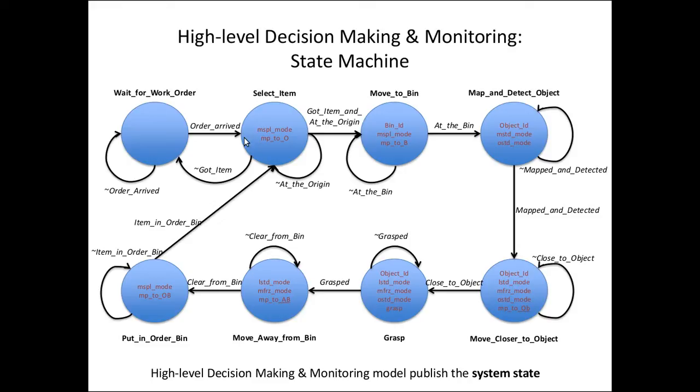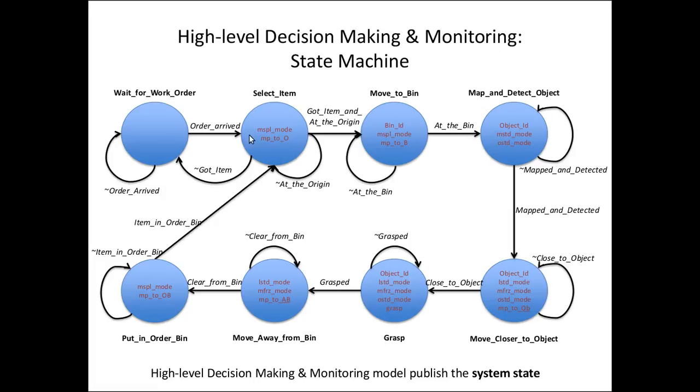The state machine leaves this state and goes to this state, select item. In the select item state, the state machine publishes the state itself. It always publishes its state, but also two variables that I will talk about later. These variables are transmitted by the high-level decision-making monitoring model to all the models and are listened to by the interested models.